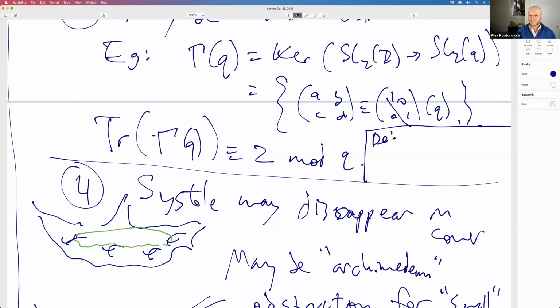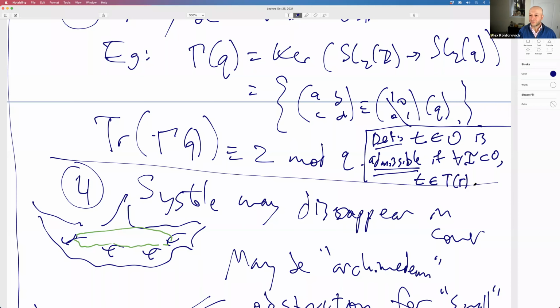Definition: an element T of this ring O is admissible if for every ideal in O, T is in the set of traces of gamma mod the ideal. That's what admissibility means. I want to pass all these local obstructions.